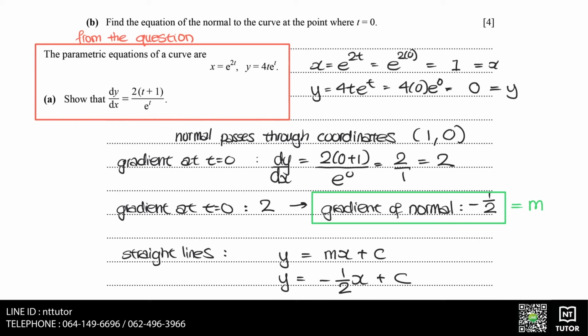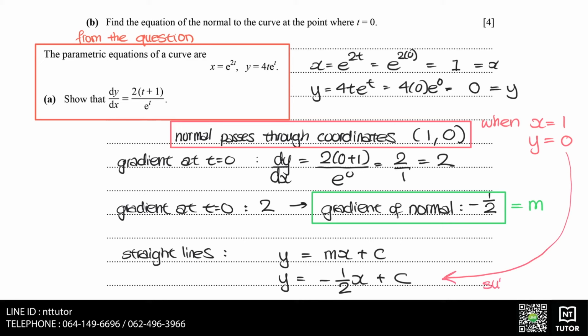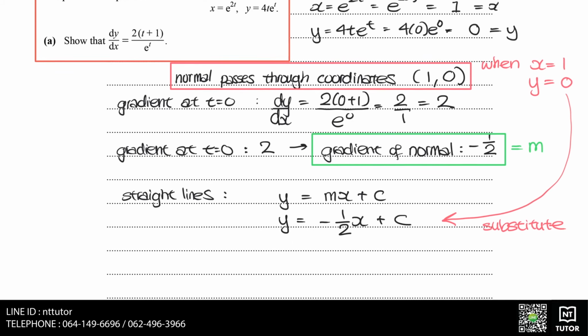And we also know that the normal passes through the point 1, 0. This means that when x equals 1, y equals 0 for the equation. And you can use this to substitute into y equals minus a half x plus c to find out the value of c.